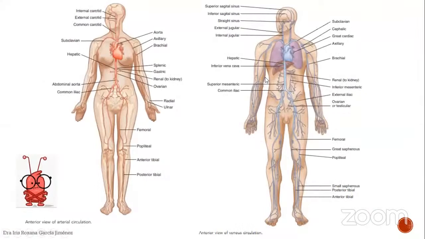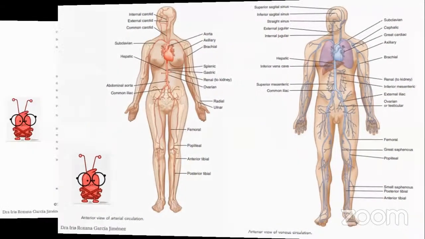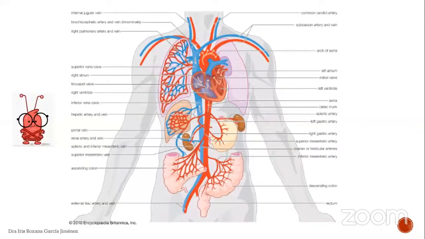And then a very important chart, the arteries and veins, both diagrams, both charts for checking the most important structures as general information, okay? Maybe a little bit of detail for taking into account how to talk properly in specific cases.